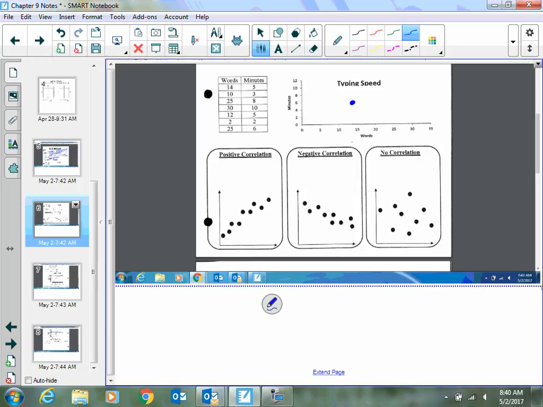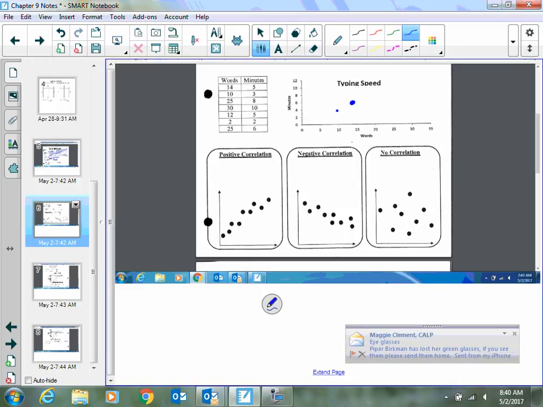Now, the nice thing about scatter plots is they're never truly exact, but they should all look pretty similar. If yours doesn't look similar to the people around you, you all probably need to reconsider how you've done it.